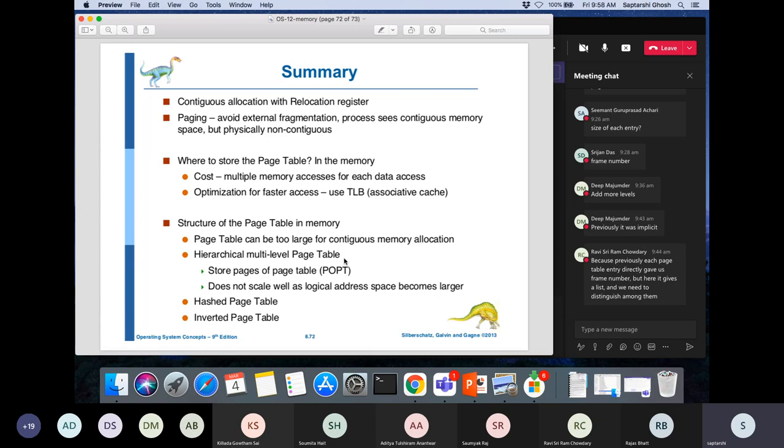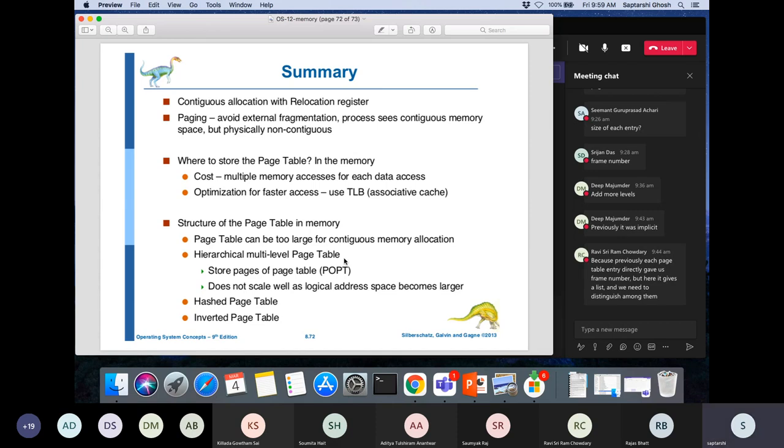Therefore, it needs to be thought what would be the structure of the page table. So we discussed hierarchical multi-level page tables, where the inner page tables are themselves stored in pages. So we have pages of page tables. But this scheme does not scale well to really large logical address spaces. Therefore, we also discussed hashed page tables and inverted page tables.